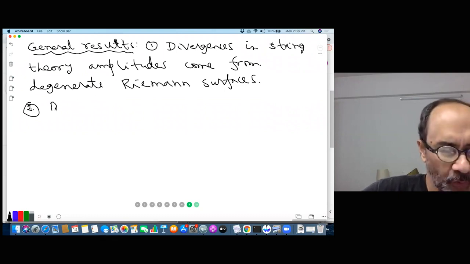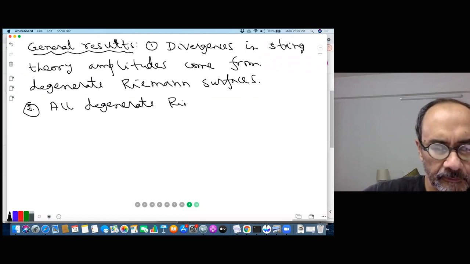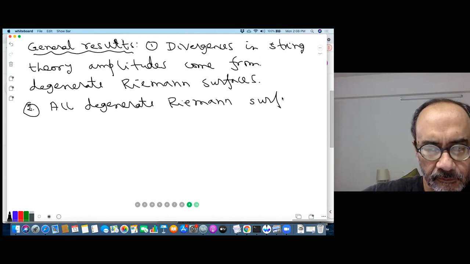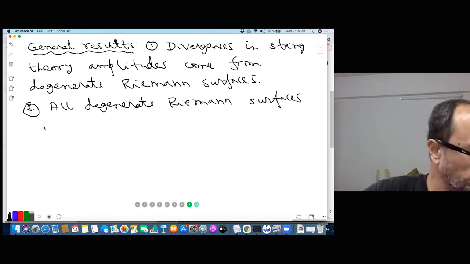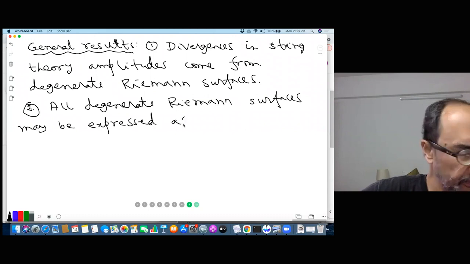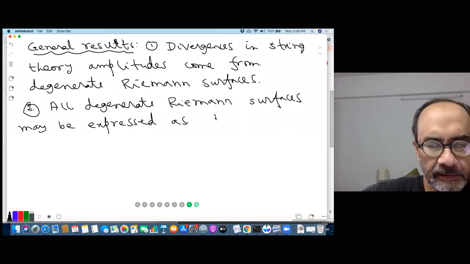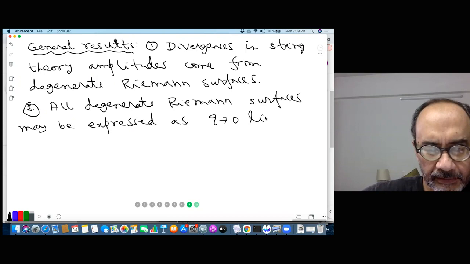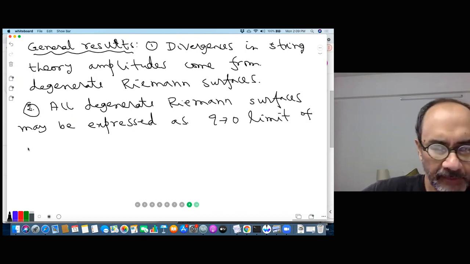Okay, and that is that all degenerate Riemann surfaces may be expressed as q goes to 0 limit of some plumbing fixture variable.